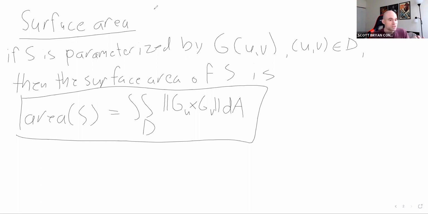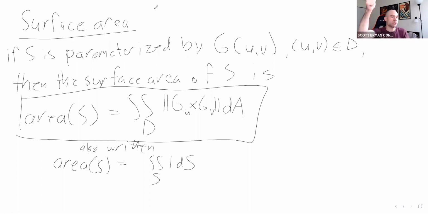So if you want to find the surface area of some surface, we integrate over the surface S, 1 with respect to surface area, dS.